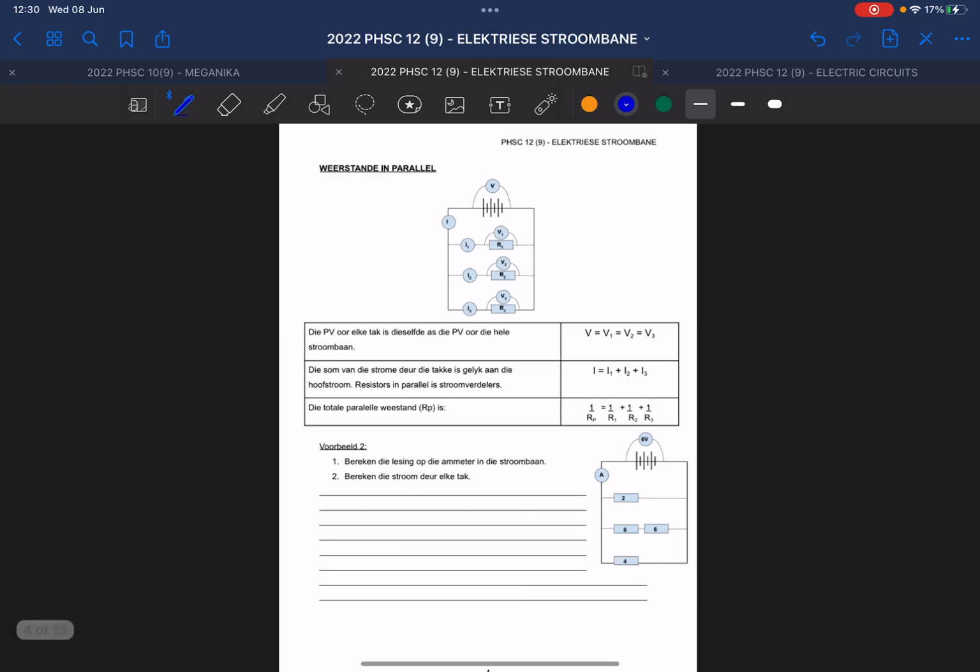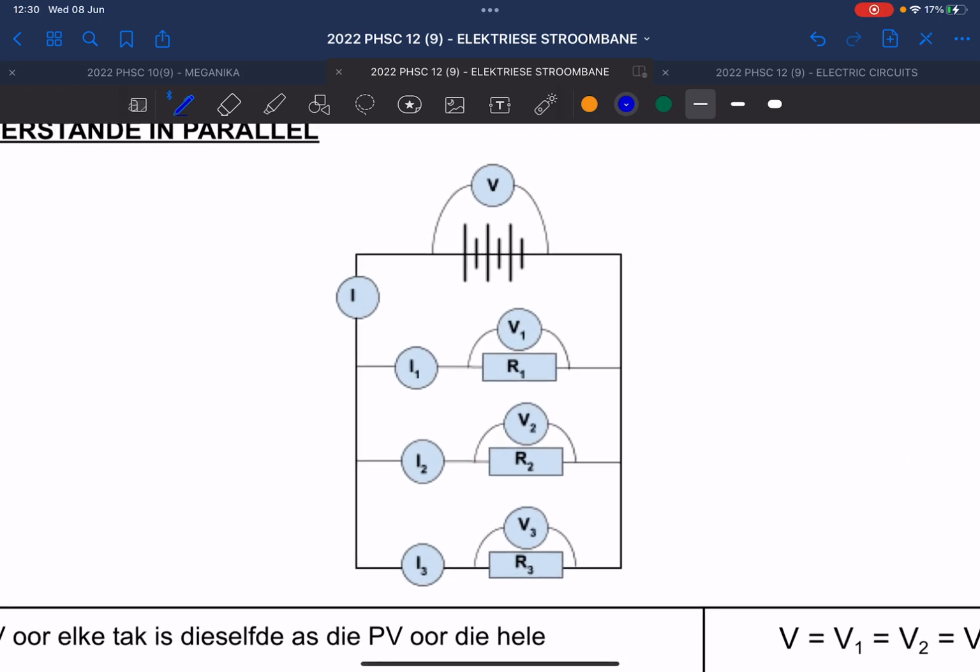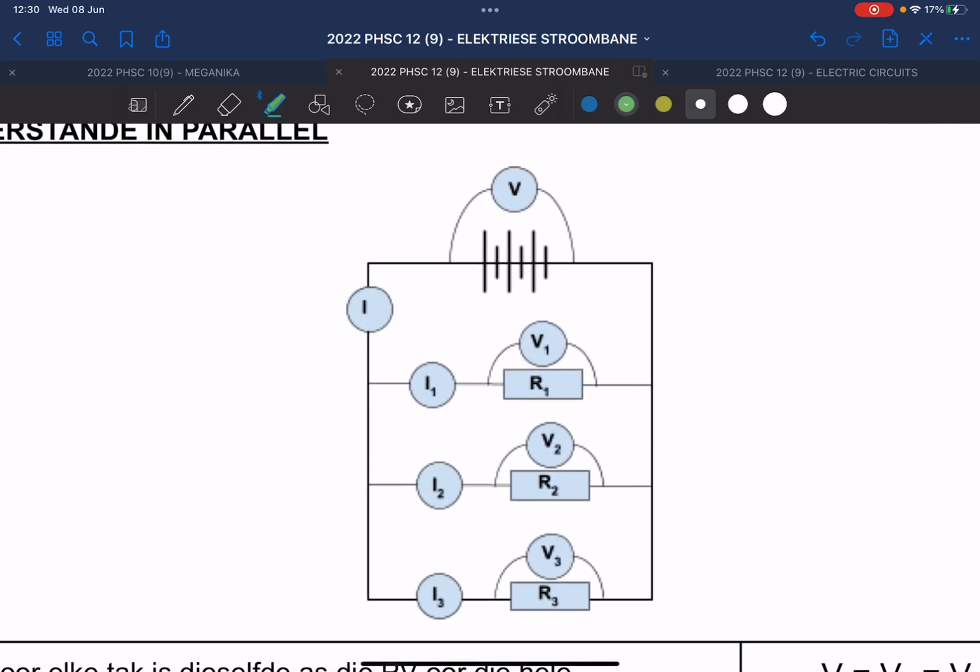Okay, so ons kyk na parallel. We look at parallel. Okay, hierso loop my mannetjies. I see everyone needs to pass through there, so that measures the total current. En dan het my mannetjies opsplit. Then my little man needs to split up. Okay?